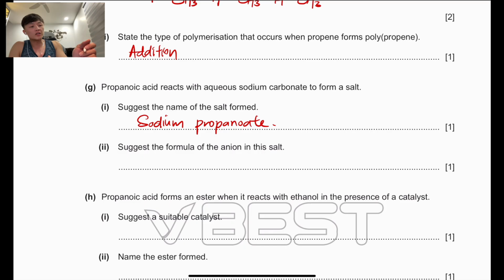So what's the chemical formula of propanoic acid first? C2H5COOH. Remember, acid will always give away hydrogen ions, and it is always the H in the COOH that gets removed. So the negative ion will be C2H5COO-.